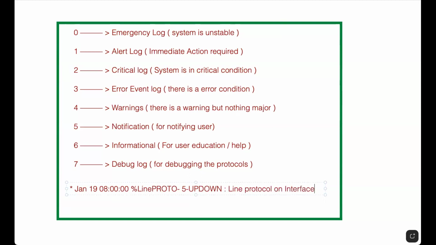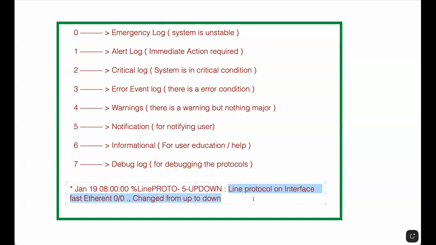Let's say interface FastEthernet 0/0, changed from up to down. So we will know that on this time frame, 5 is the notification syslog, the interface went up and down. So based on the number, we will see it's a notification message that an interface went up and down. So that is how a syslog will look on the syslog server.